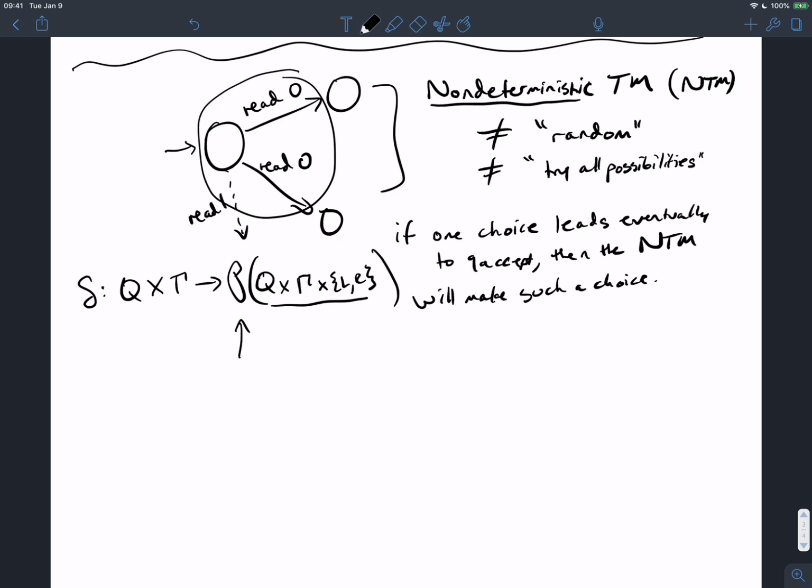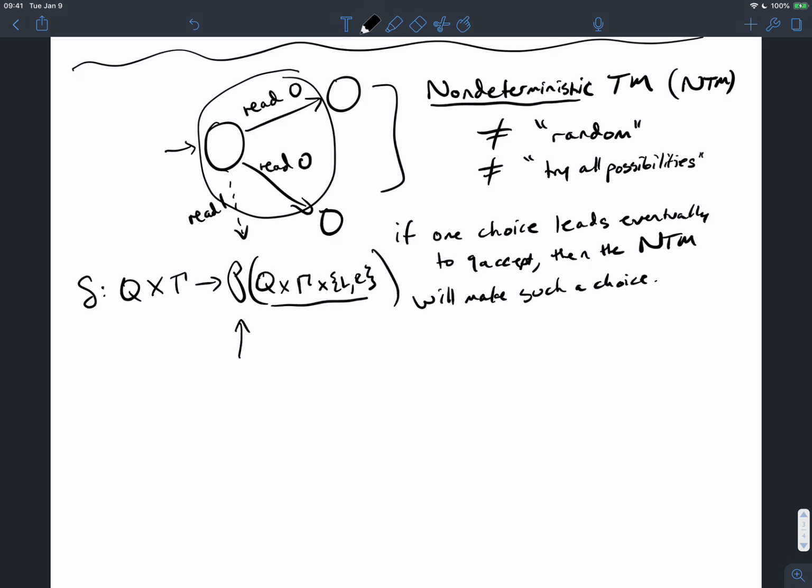There are two choices effectively the machine can take. I just want to reiterate, the non-deterministic machine will always make at most one choice. It can make 0 choices if there is no choice to be made. But if there is a choice to be made, it will make exactly one choice. It doesn't try all possibilities.